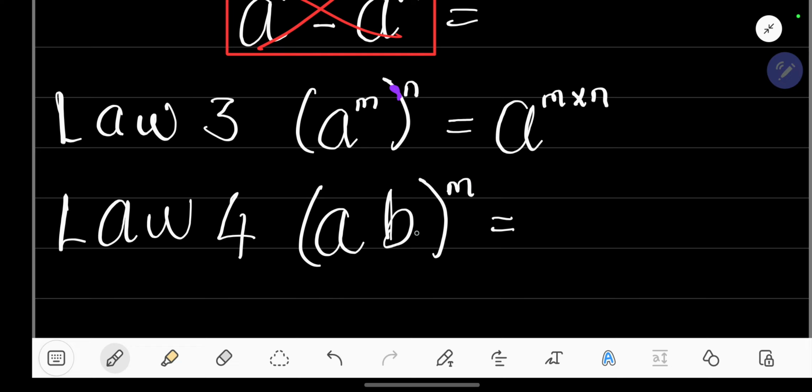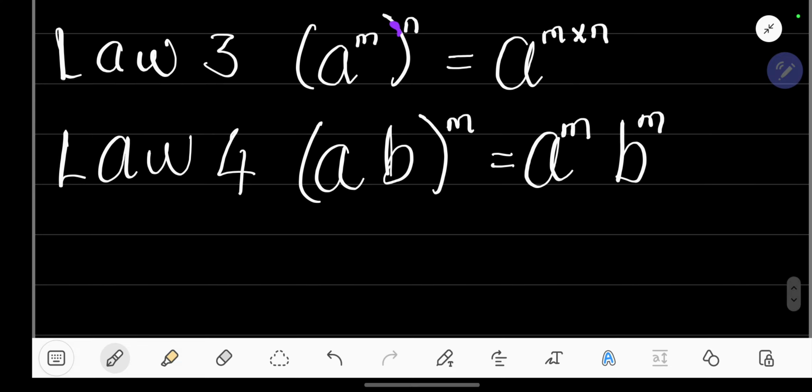Then this m belongs to each base in the bracket, so you can rewrite it as a exponent m, b exponent m. What we simply did is distribute this m to each base in the bracket.